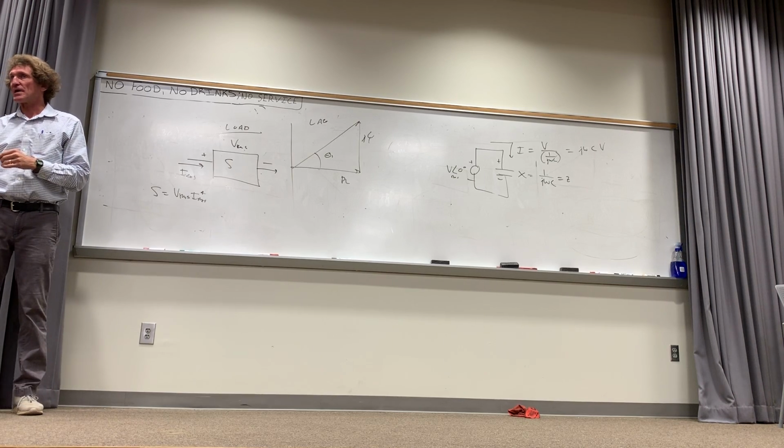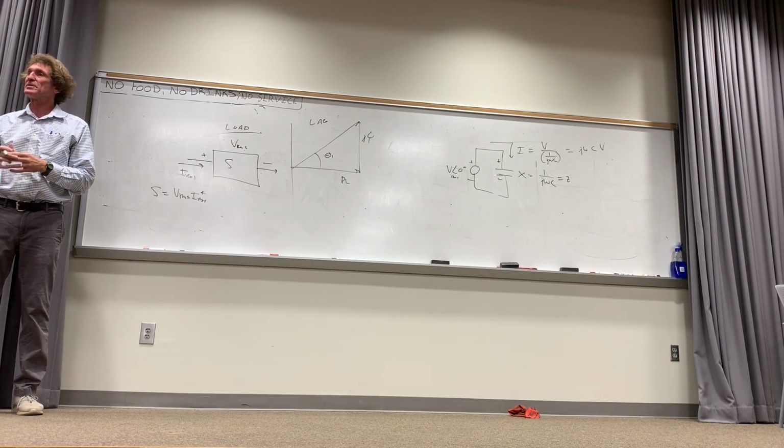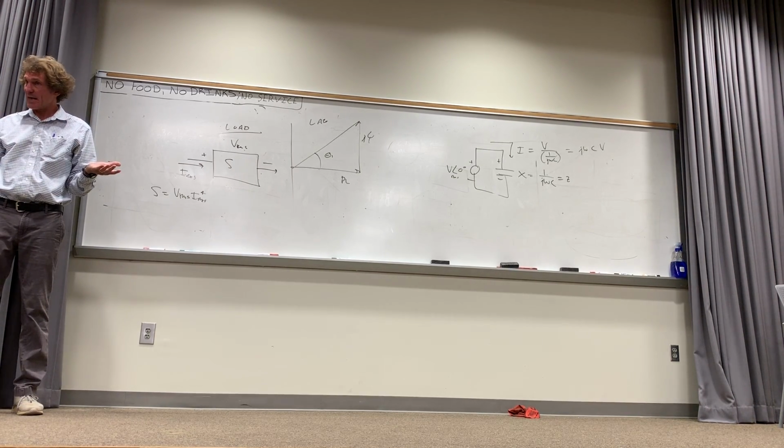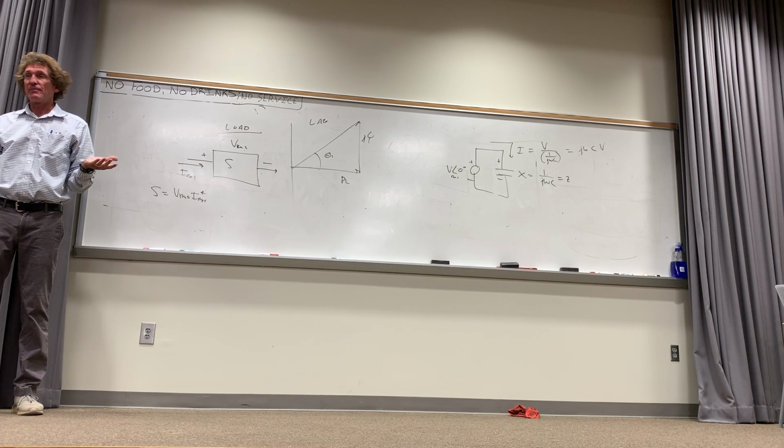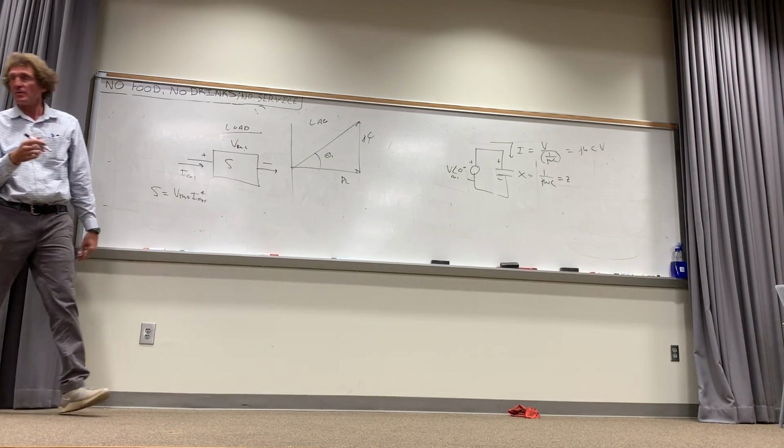Now, if that turns out to be negative, it means power is being supplied. That's all it means. If it's dissipating power, it'll be positive. I mean, it'll be at an angle too, generally.